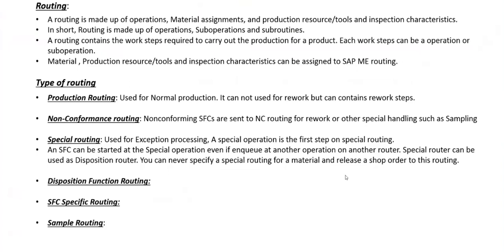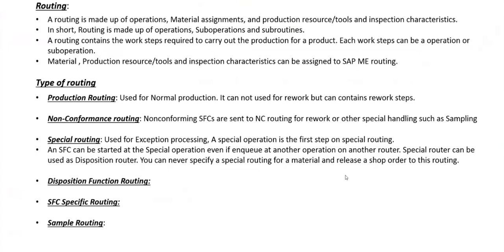In the routing steps, you can also give the work centers. The routing steps are already created, so the work center will automatically be copied into the routing step. One routing step can have multiple sub operations as well. According to the requirement, you can go for the sub operations.